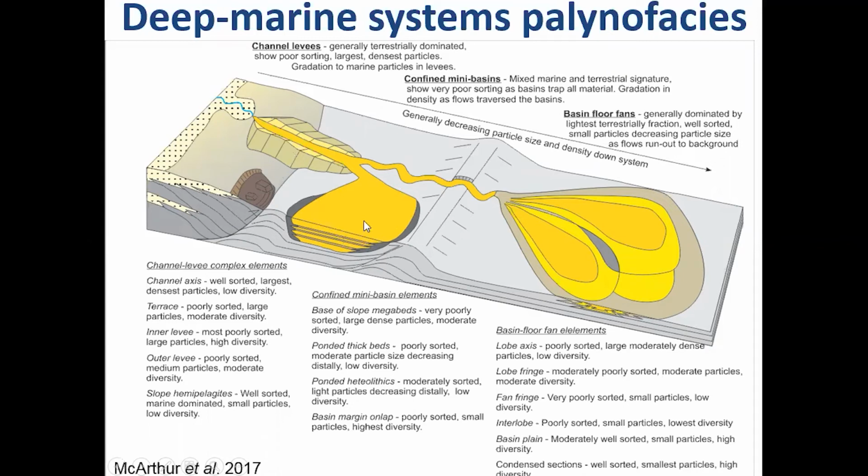We then looked at some confined intraslope deposits, which actually show the poorest sorting of the organic matter. We have a mixing of both terrigenous and marine matter, as all particles entering that basin became trapped there.